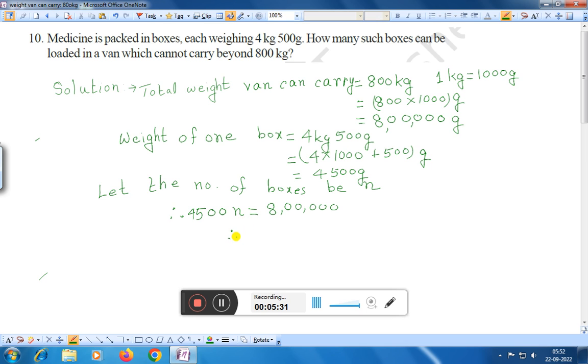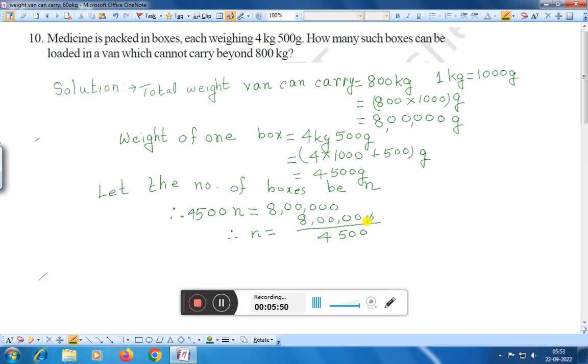Therefore n is equal to 800000 divided by 4500.